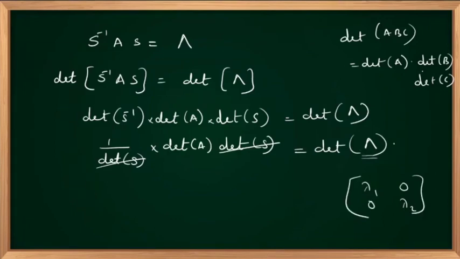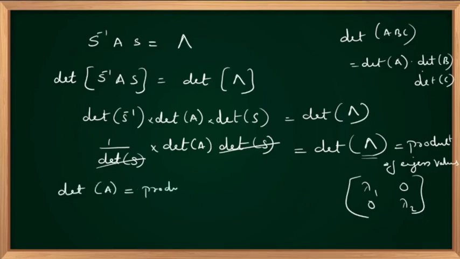So this determinant will actually be the product of eigenvalues, which means my matrix determinant will be equal to the product of eigenvalues. So this is one property which we have listed and hence proved now. Determinant of this lambda matrix will be equal to determinant of the original matrix. All this is possible only if you can diagonalize a matrix.